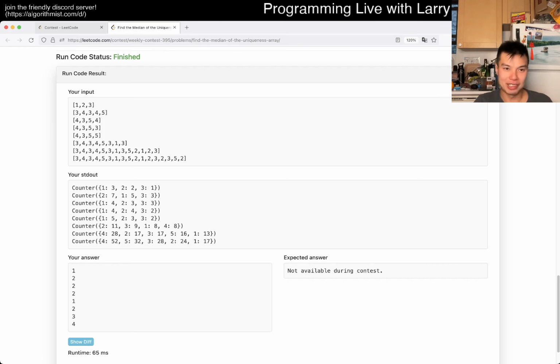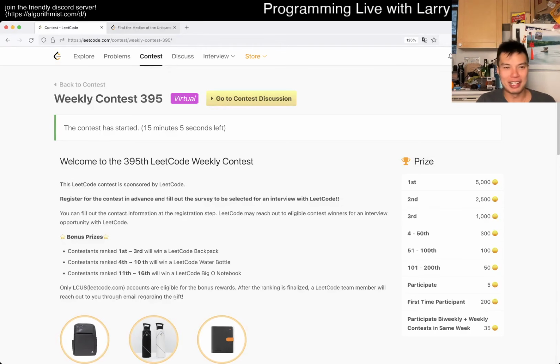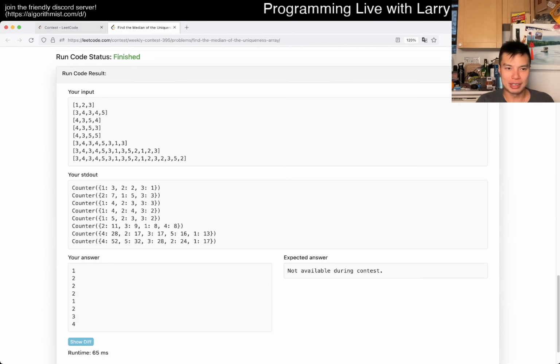How much time do I have left? I'm not gonna lie. When the contest is over, I might just ask for one hint, and it's not a hint, just whether it requires something that I didn't know before. I think that's what I would like to know. Yeah, this is 4, but it's not the mode. The mode doesn't matter, but this is 84, I guess, and this is 69.